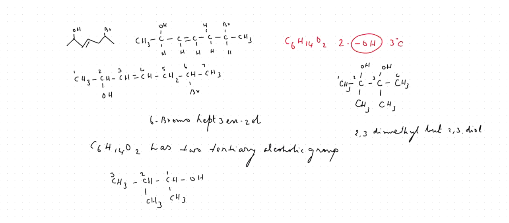So 1,2-dimethyl, but 1, 2, 3. 1,2-dimethylpropanol. 1,2-dimethylpropanol.